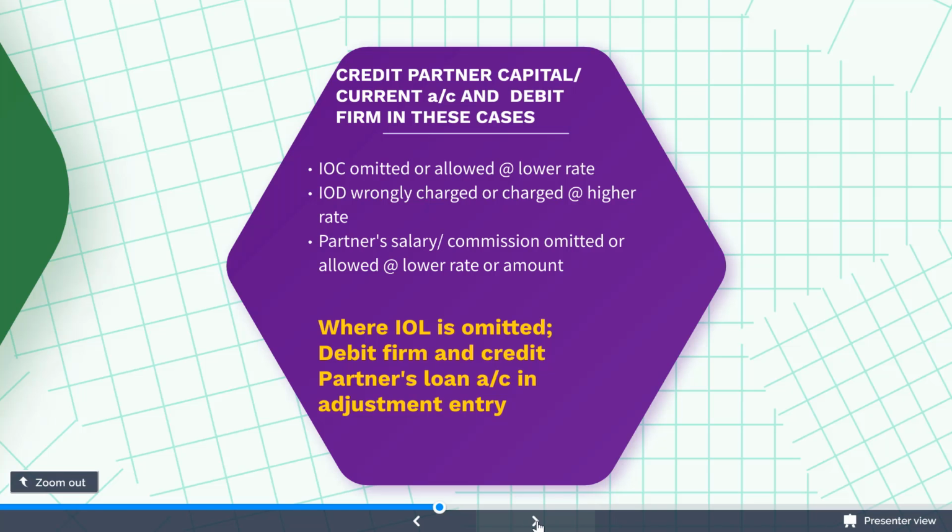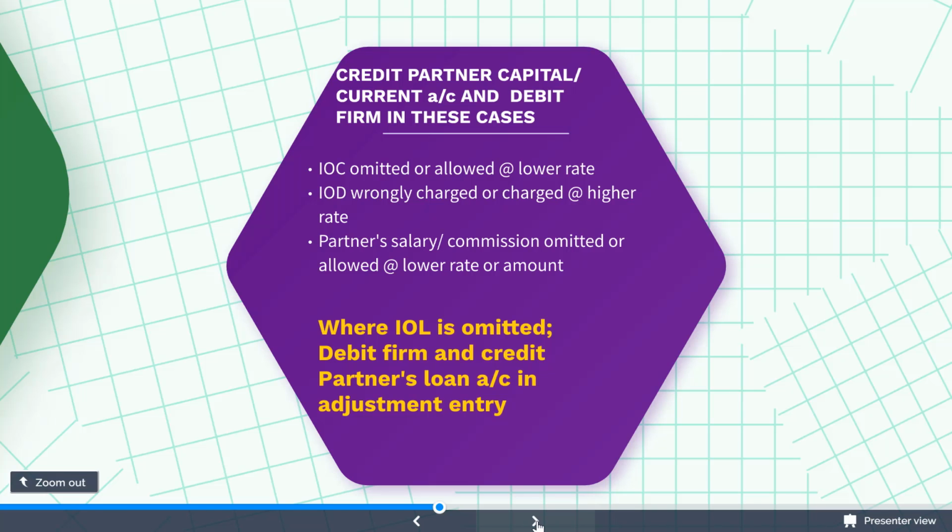Interest on drawings has been wrongly charged when it was not supposed to be charged, or when it has been charged at a higher rate than the actual rate of interest on drawings. Where the partner's salary or commission has been omitted or allowed at a lower rate or amount than what should have been allowed. We'll make a note of this.